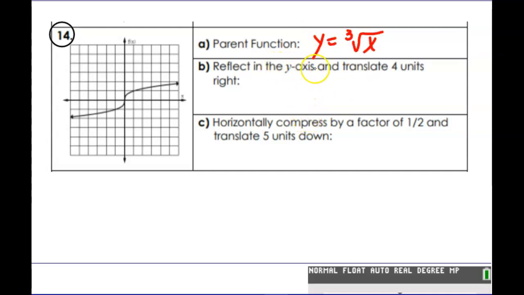Okay, reflect over the y-axis. What's that going to be? Ooh, y-axis. That's not upside down. That's across. So where's the negative go instead of out front? Inside. So we're going to have the cube root of -x inside. And then translate it 4 units to the right.